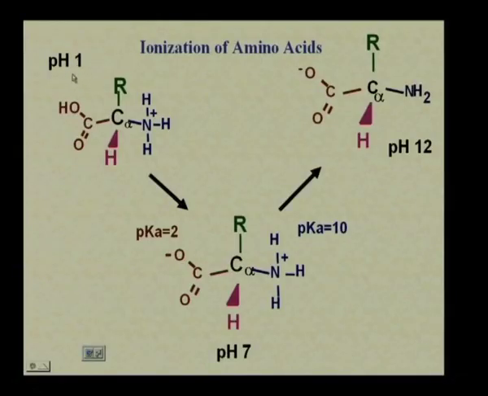So, at a pH of 1, when the pH is very low, I have COOH. I also have NH3 plus. We all understand that. Why? Because I have an acidic solution which has sufficient amount of protons to protonate all the amino groups.